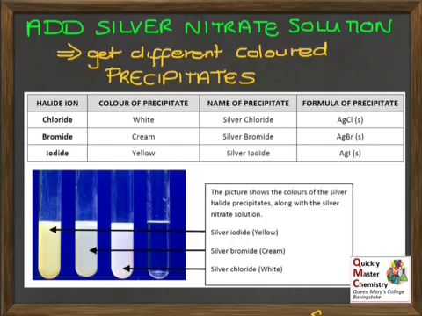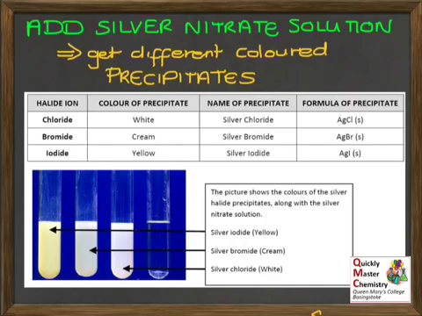If you look at the diagram, you might question whether there's a huge amount of difference between the chloride and the bromide, but if you do see them next to each other, the chloride is genuinely a sort of bright white precipitate, whereas the bromide is an off-white, creamy colour, and the iodide is definitely yellow.